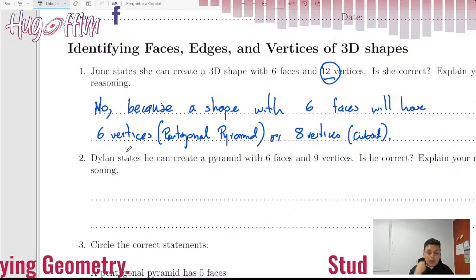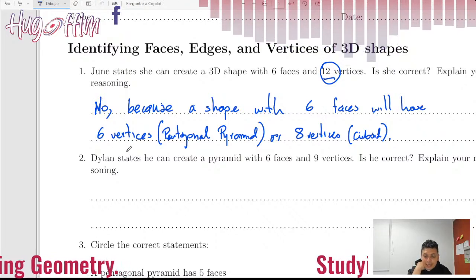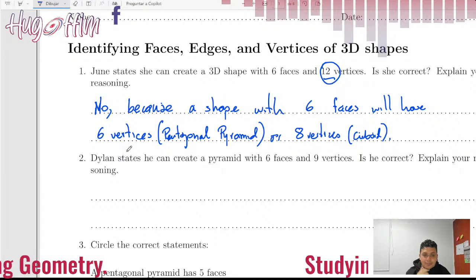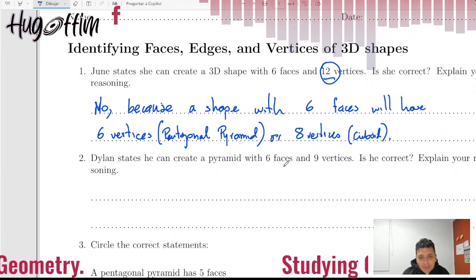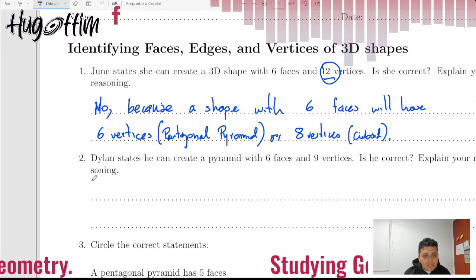Okay, now let's see the second question. Dylan states that he can create a pyramid with 6 faces and 9 vertices. Is he correct? Explain your reasoning.